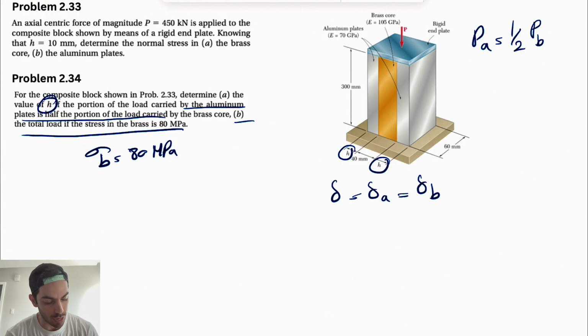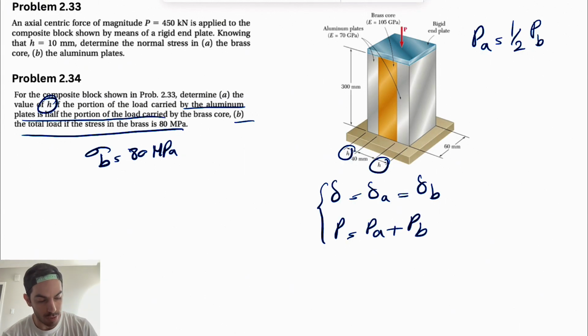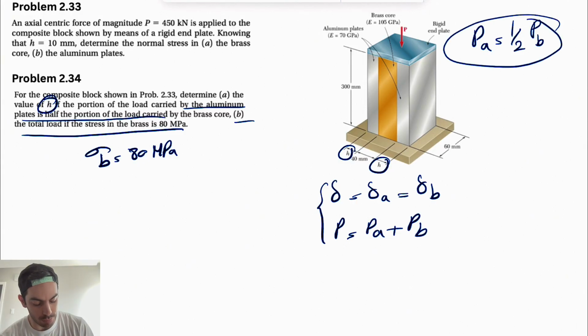We showed that the whole load would consist of the load applying on the aluminum plus the load on brass. We have the formula PL over AE for each. This P is the force, so it's different than the overall load that we have.